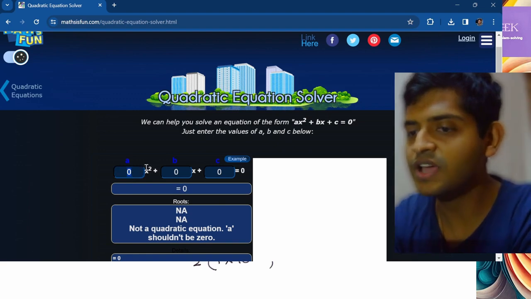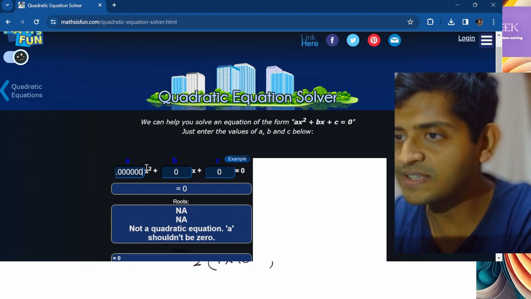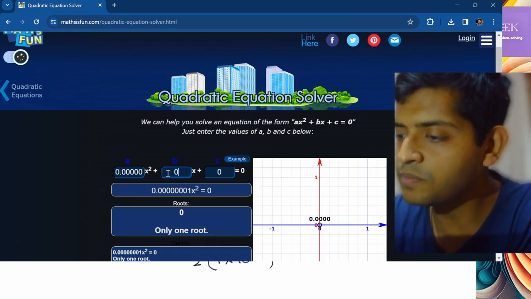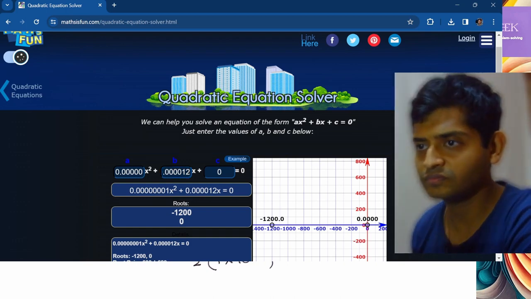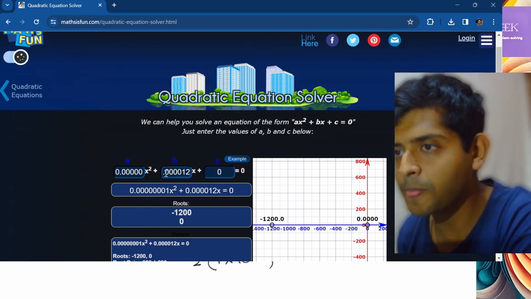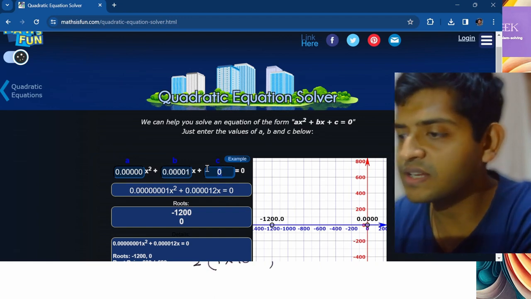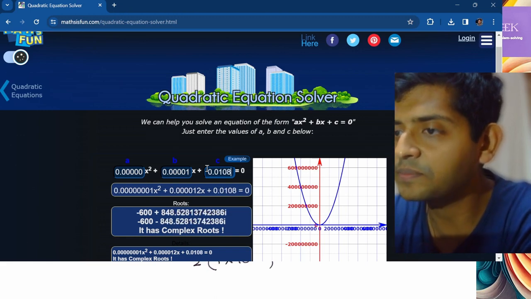So we are putting the values as A equal to 0.00000001, and in case of B, we are putting 0.000012, and this one is minus 0.0108.